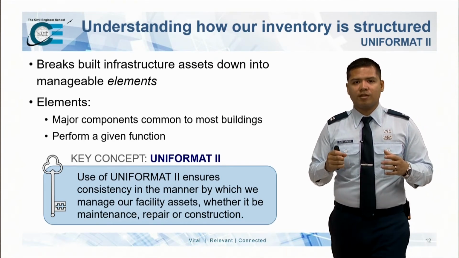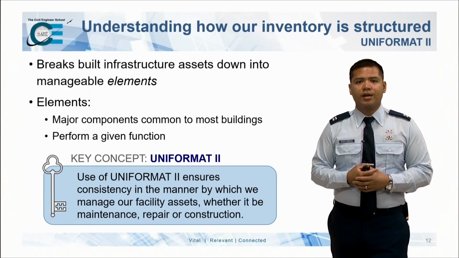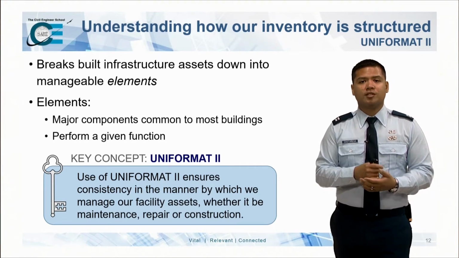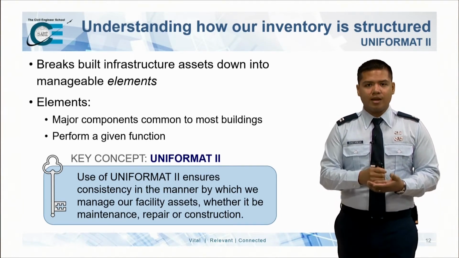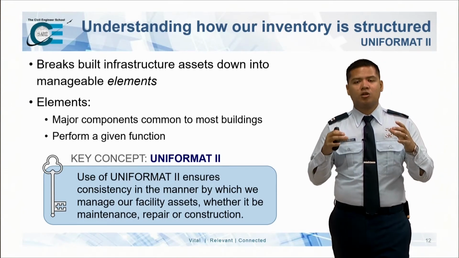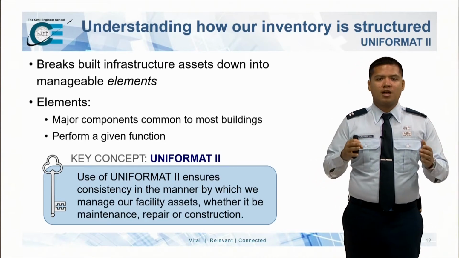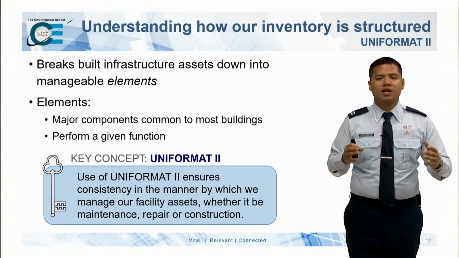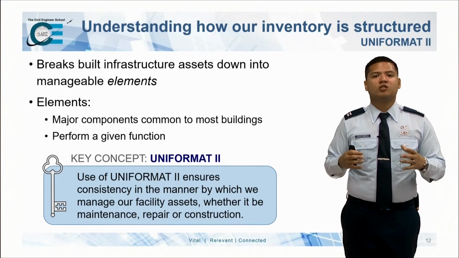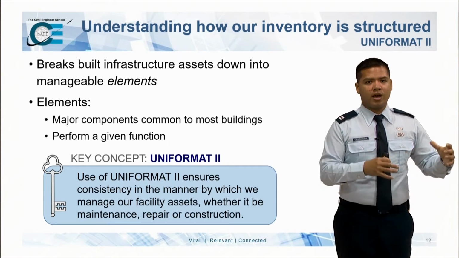You need to understand that the use of Uniformat 2 as a work breakdown structure ensures consistency in the manner by which we manage our facility assets, whether it be maintenance, repair, or construction, okay? So by having this standard work breakdown structure, we can be consistent throughout the Air Force. At every single squadron, when we look at their sustainment management system data, we know that their inventory data is broken down in the same way.